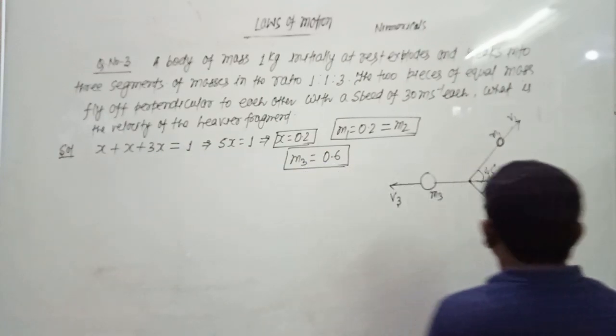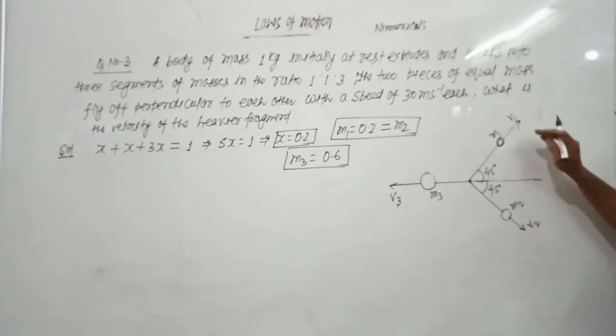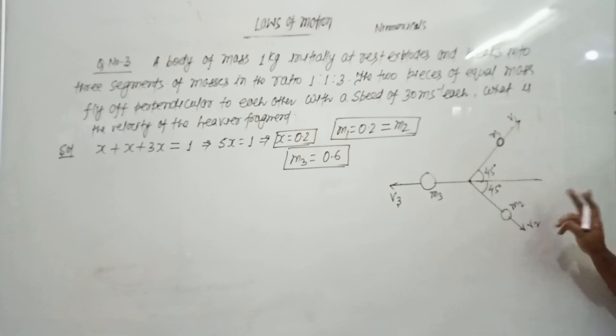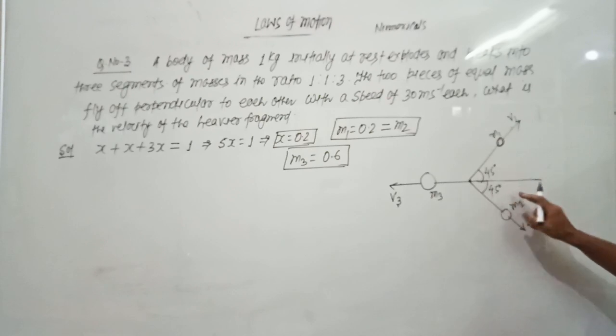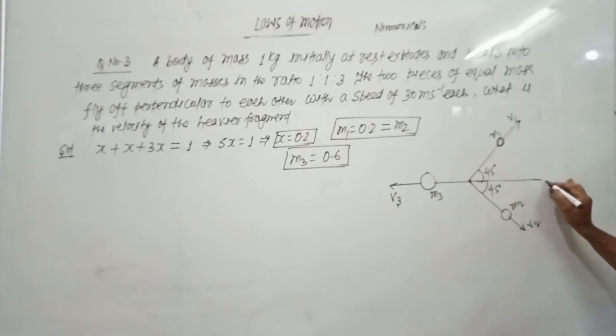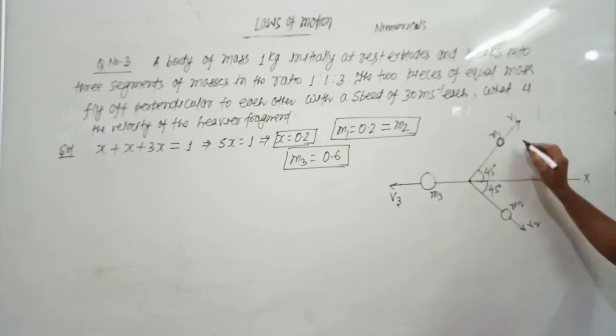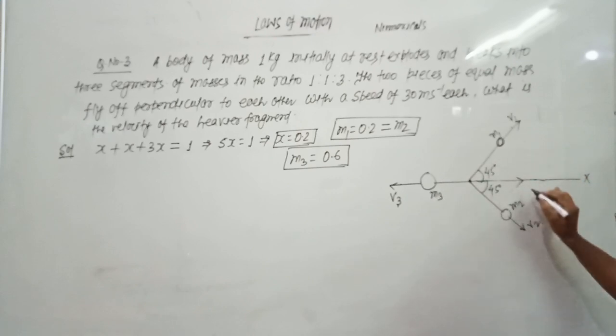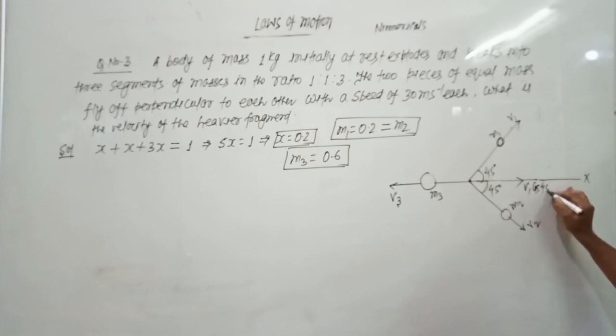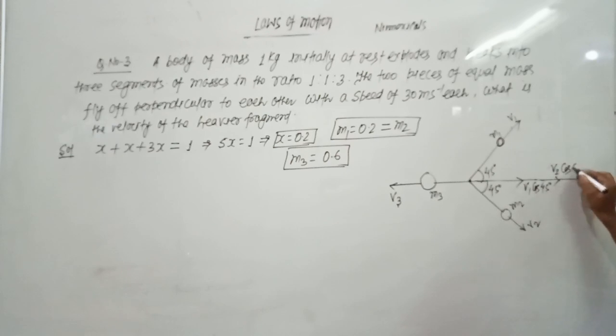So there will be components of velocity V1 and V2 because they are inclined at an angle of 45 degrees with the x-axis. The component of V1 in the horizontal direction is V1 cos 45 degrees, and the component of V2 in the horizontal direction is V2 cos 45 degrees.